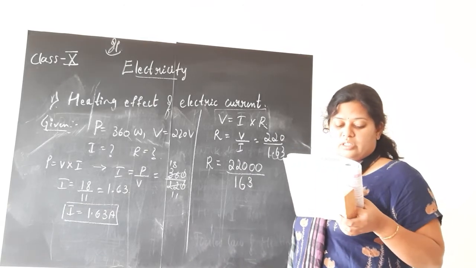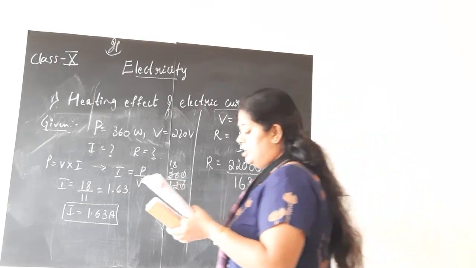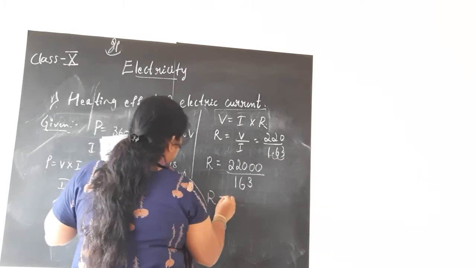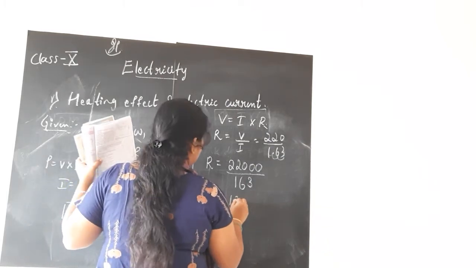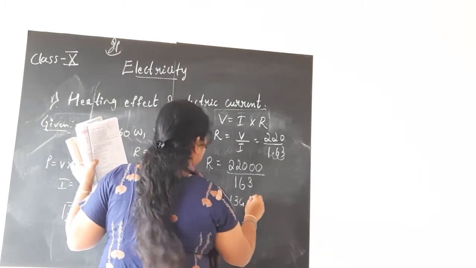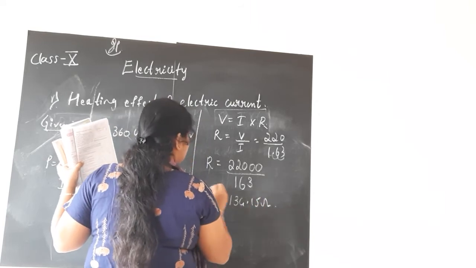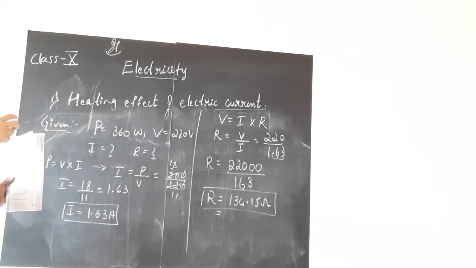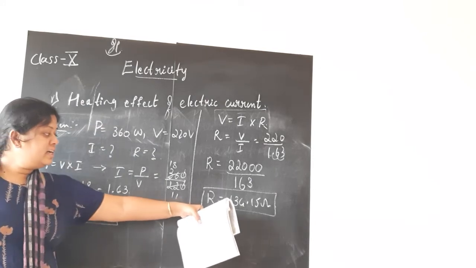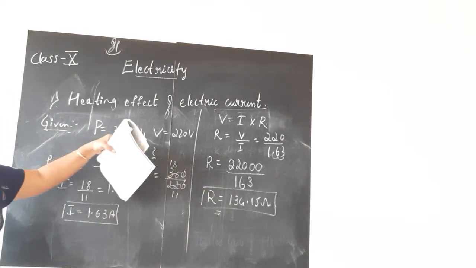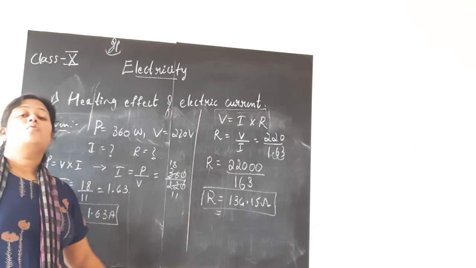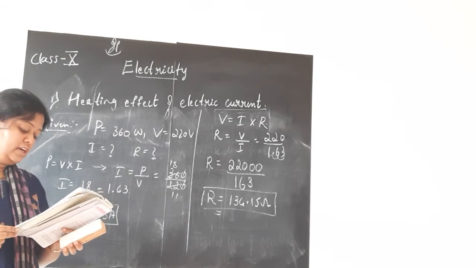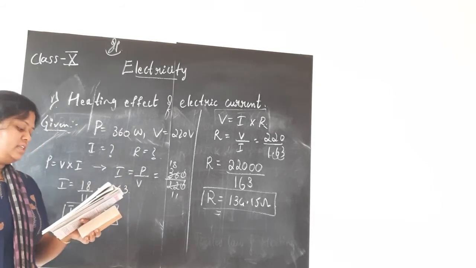So when you use this table and divide, children, you do the simplification part. They got the resistance to be 134.15 ohms. So the resistance in the second case, when the heat energy is at minimum rate, that is 360 watts, is 134.15 ohms.